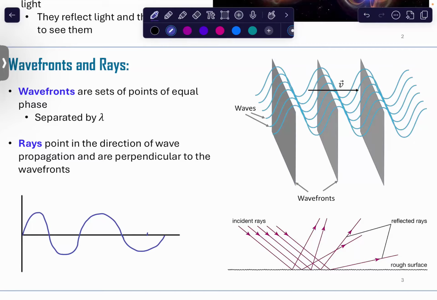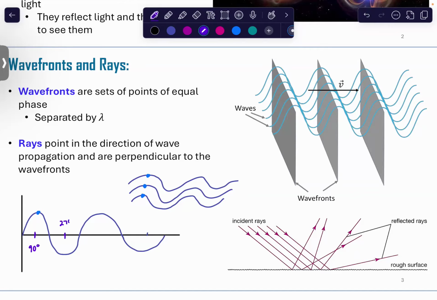Let me draw several of them. For example, points here, here, and here are all at the same phase. On a sine wave, what angle is that? 90 degrees.